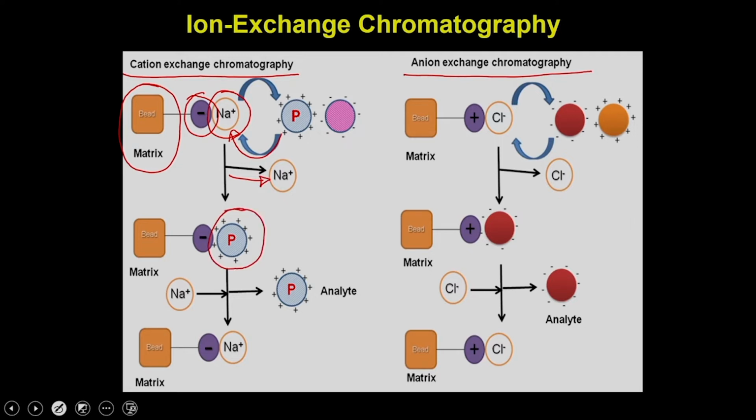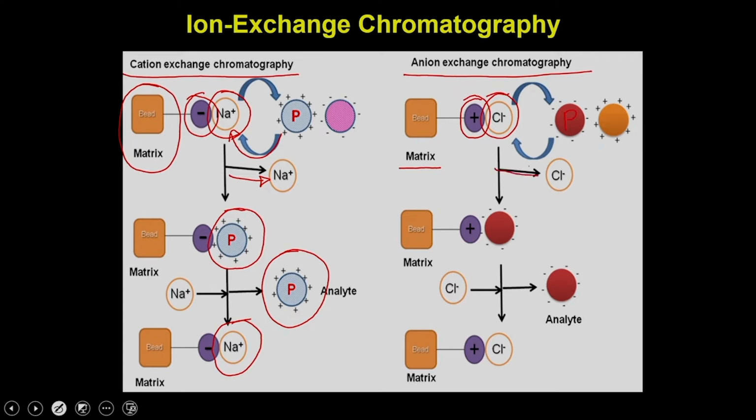Now, once you flow the sodium back, which means if you flow a very high concentration of the counter ion sodium, the sodium is again going to bind to the matrix and it is going to elute the proteins. Similarly, in the anion exchange chromatography, you have the matrix where you have the positively charged ions and then you have the counter ions. Once you add the negatively charged protein, it is going to go through the exchange process.